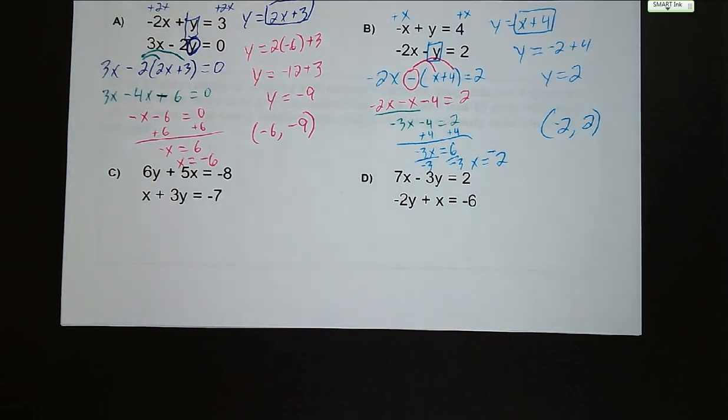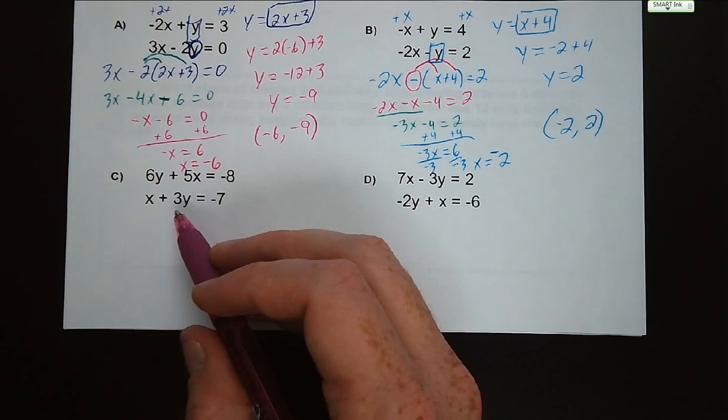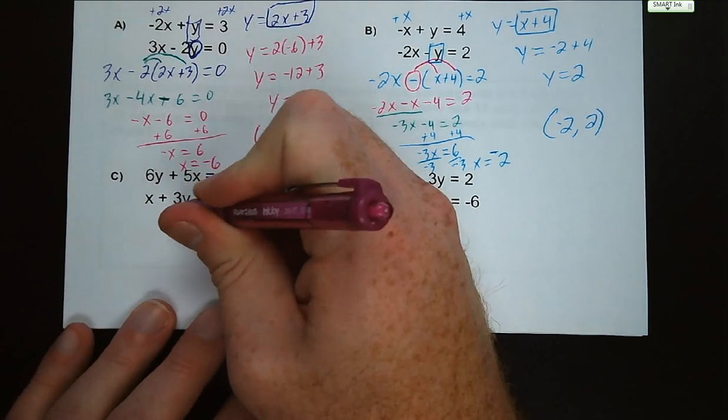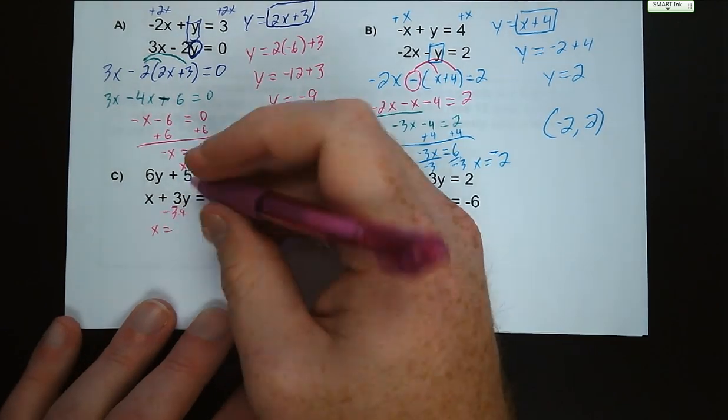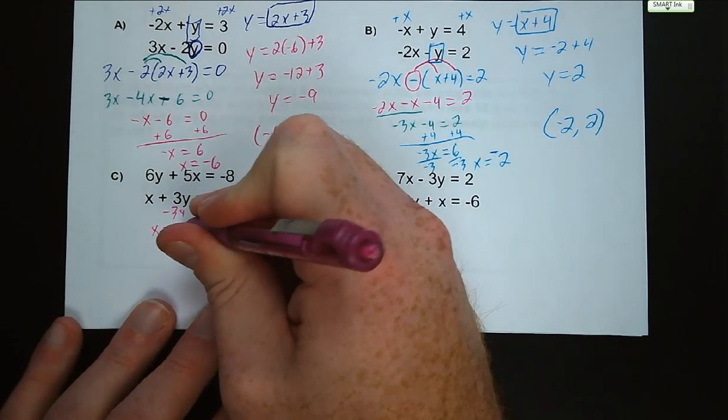All right, so letter C, looks like we can solve the second equation for x pretty much by itself. So we're going to subtract 3y from both sides, and x is equal to negative 3y minus 7.